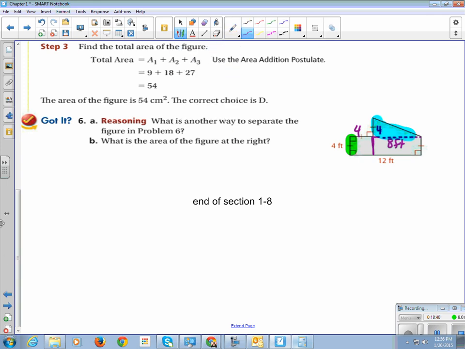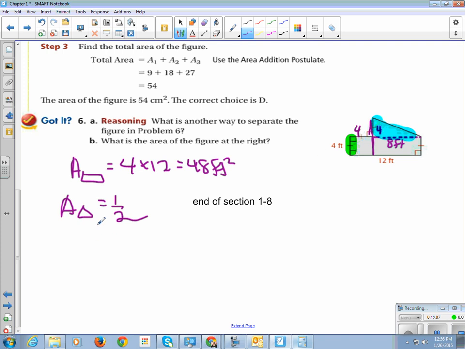So let's go, the area of the rectangle is 4 times 12, or 48 feet squared. And the area of the triangle is 1/2 the base, which is, I'm going to say 4, times the height, which is 8. 4 times 8 is 32.